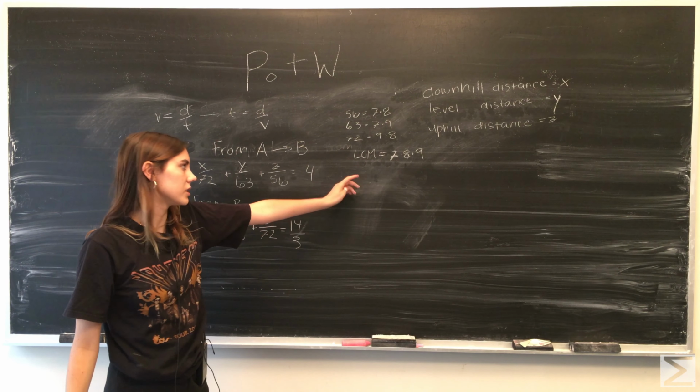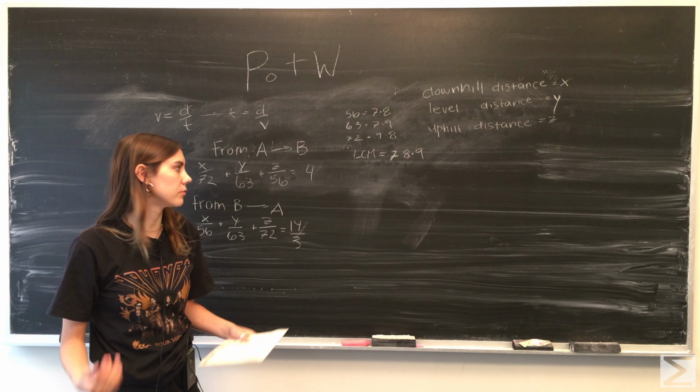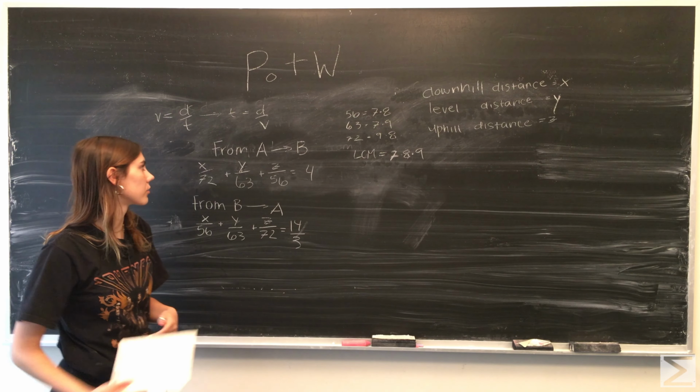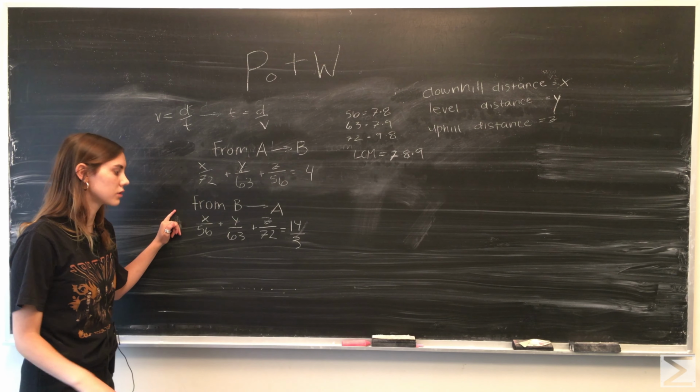So you can see that the least common multiple is 7 times 8 times 9, which is equal to 504. So we're going to multiply both equations by the least common multiple and solve from there.